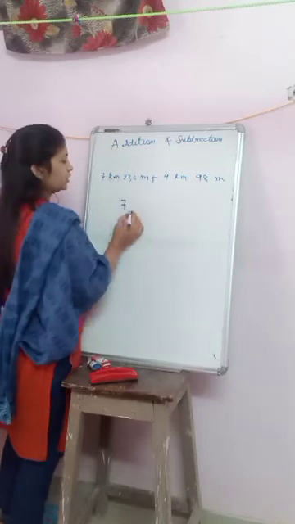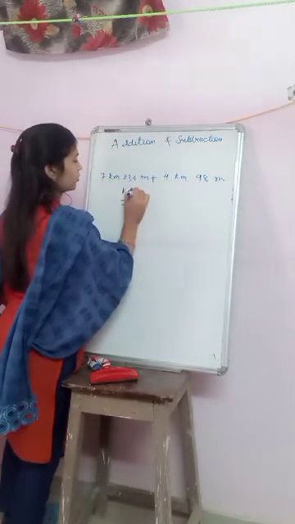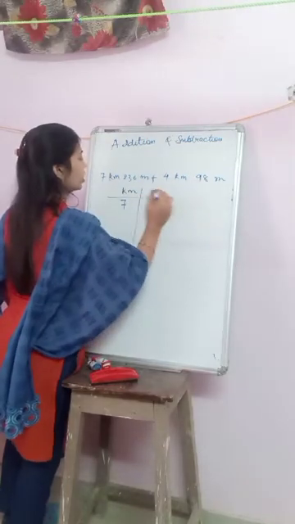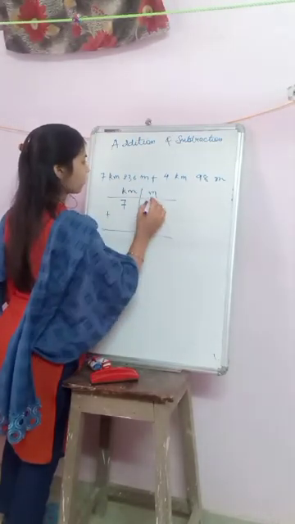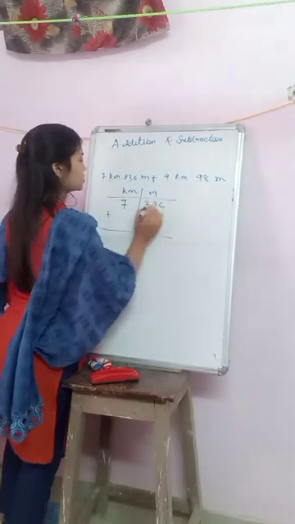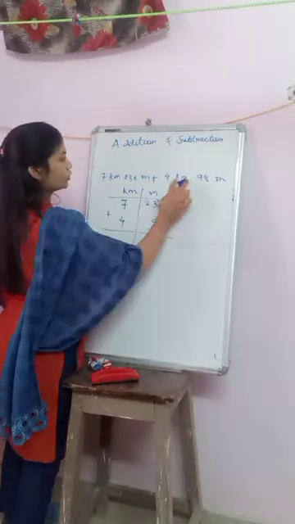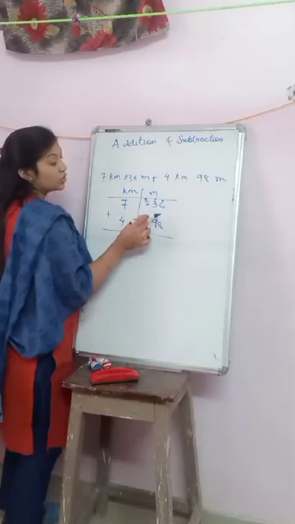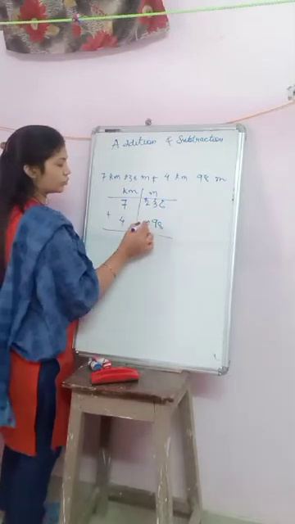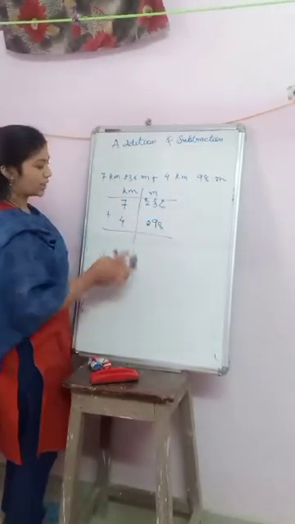So 7 kilometer. Here we make two boxes of kilometer and meter: 236, 4 kilometer, 98. Here there are only two digits, so ones place, tens place and hundreds place. You have to check and then put. You can also write down 0 if you don't want to make any mistake.